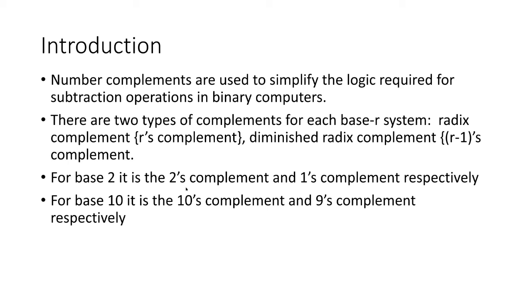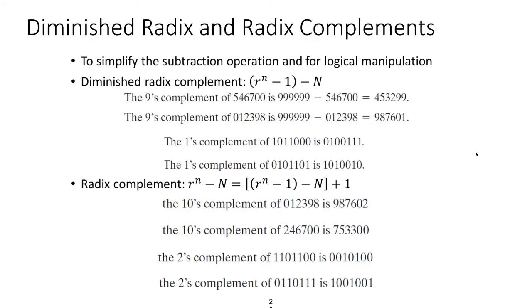We'll look at base 2 number systems and base 10 number systems. The first part of this, what we'll do is look at coming up with the diminished radix and the radix complements.